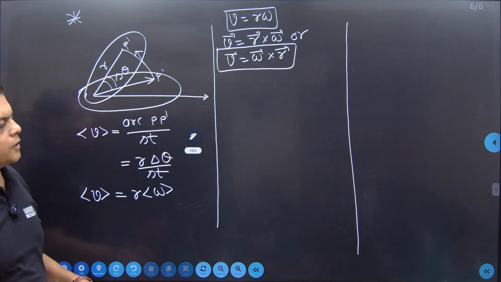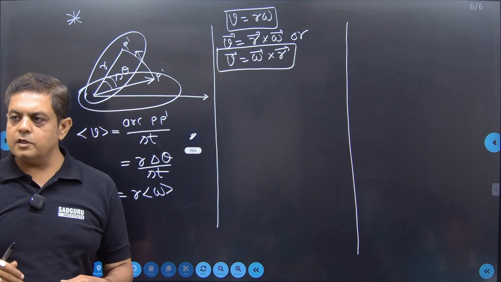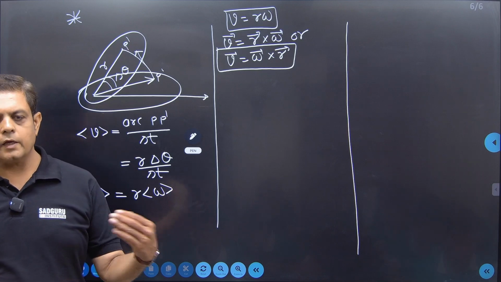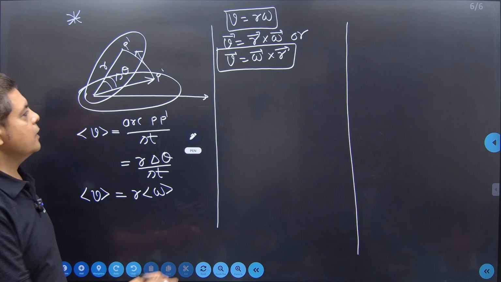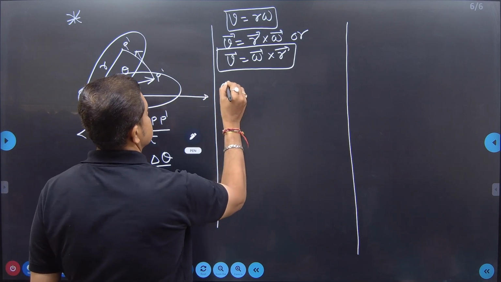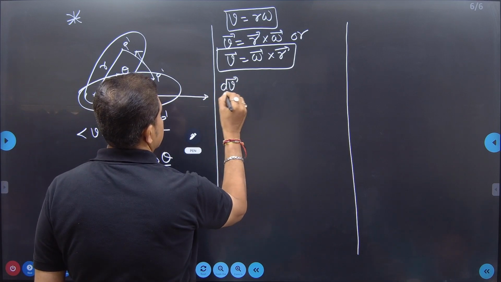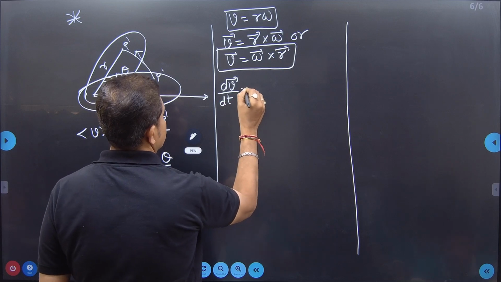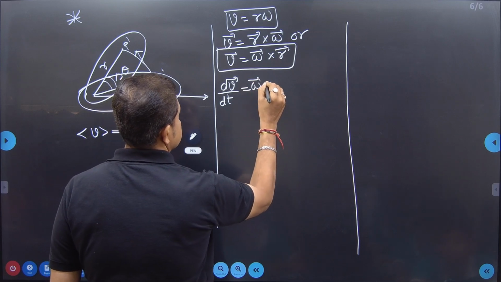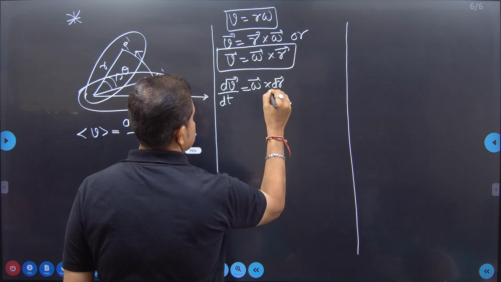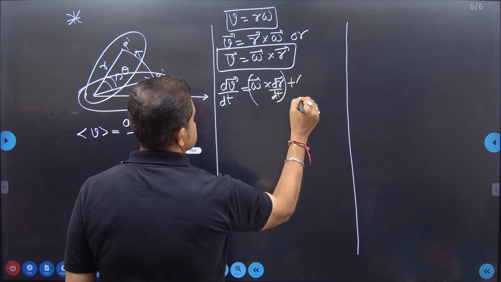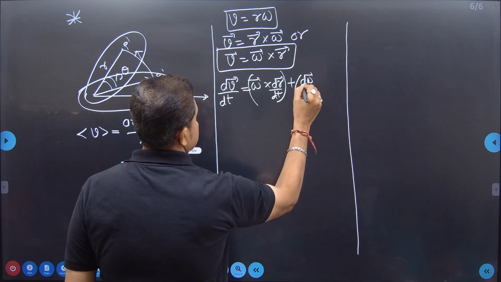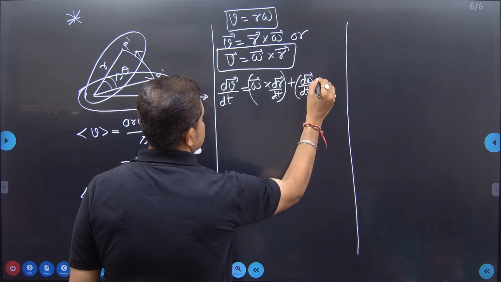Now I want the relation between linear acceleration and angular acceleration, that is a and alpha. So I have to differentiate this. dv by dt equals omega cross dr by dt plus d omega by dt cross r.